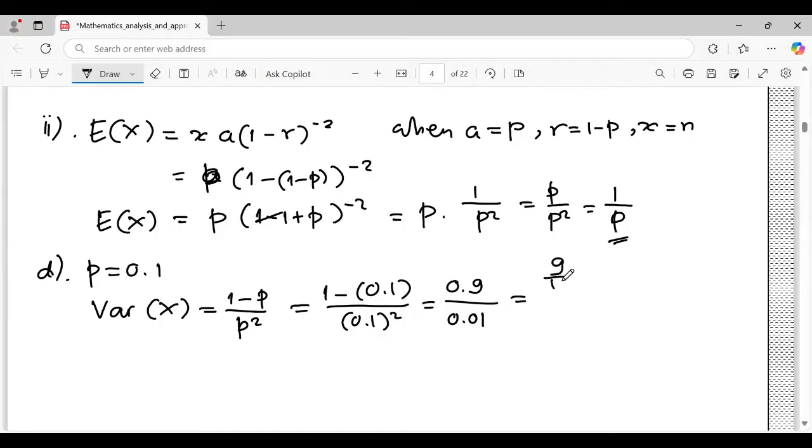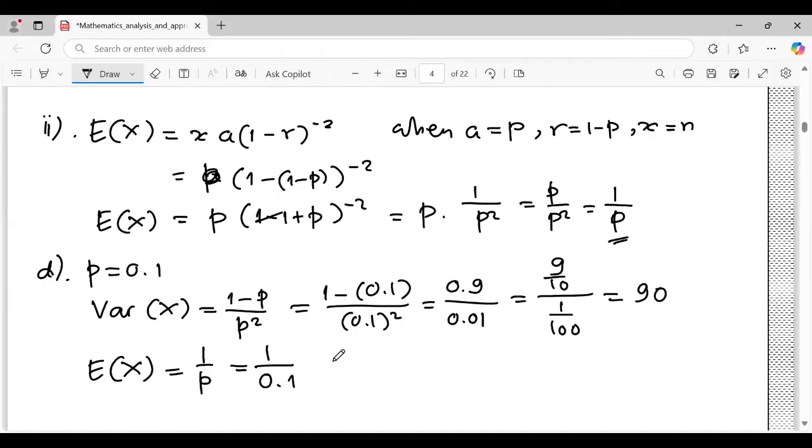So 9 over 10 over 1 over 100. This is 90. Okay. Next, expectation X. According to the information, it is 1 over p, so 1 over 0.1. 1 over 1 over 10 is 10.